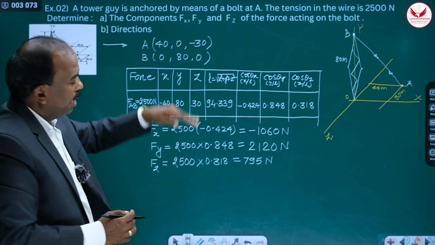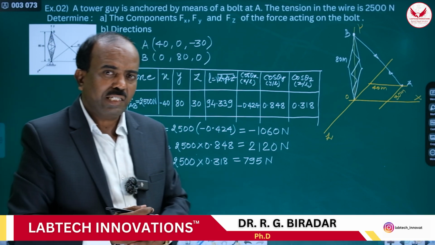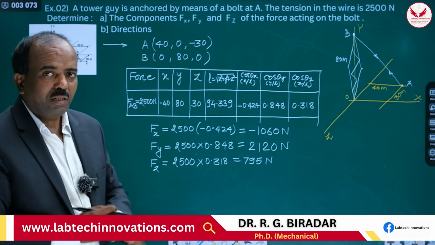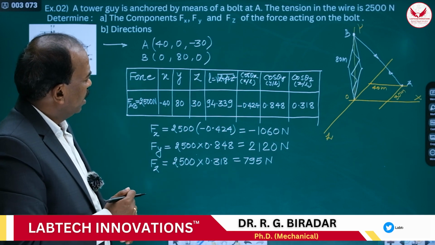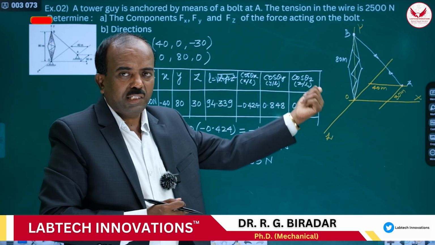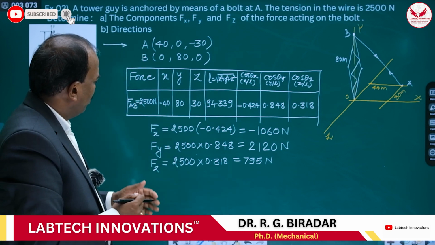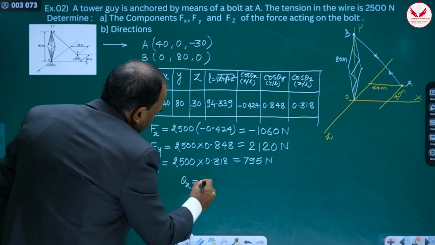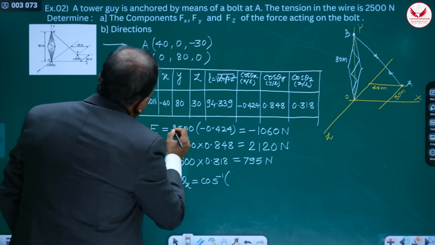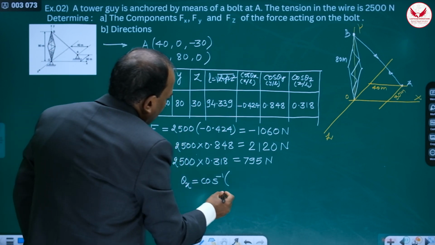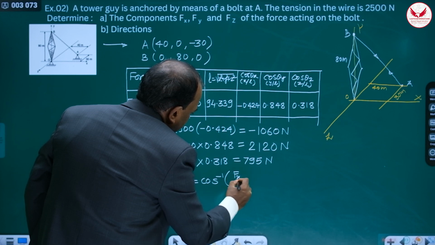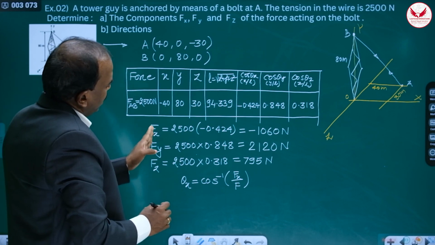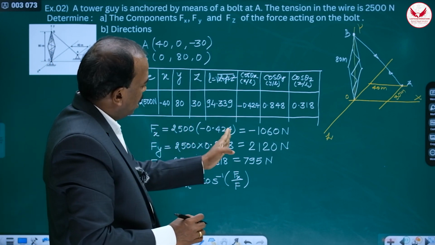Then again, what is asked? Directions. In mechanics, as I told in the beginning in the expert talk, direction means angle. So what we have to do is calculate theta x, theta y, theta z simply. Theta x is going to be cos inverse of Fx by the resultant, total value, Fx by F, because this Fx means F cos theta x.